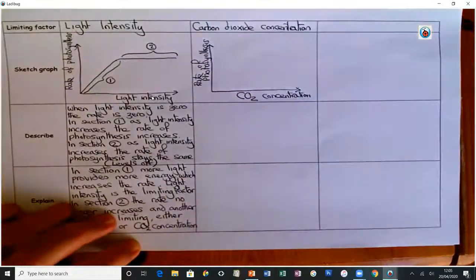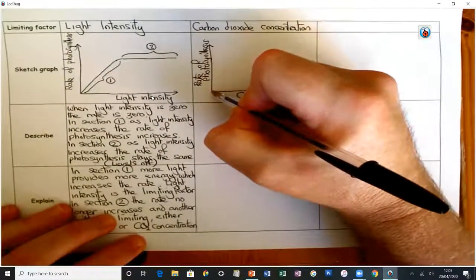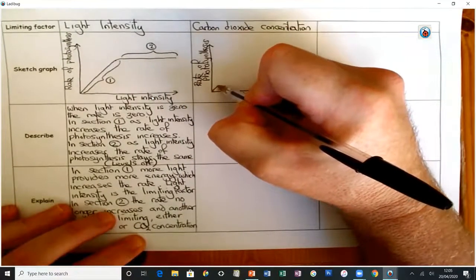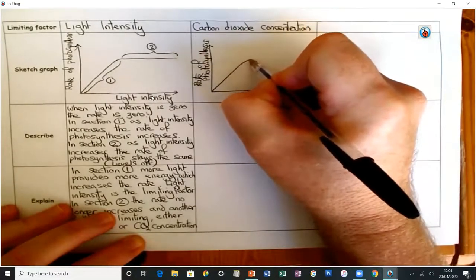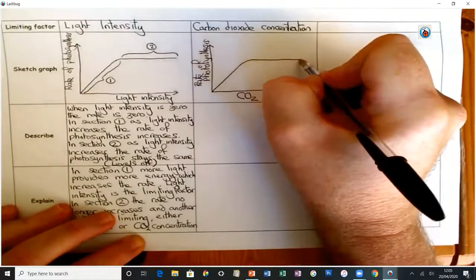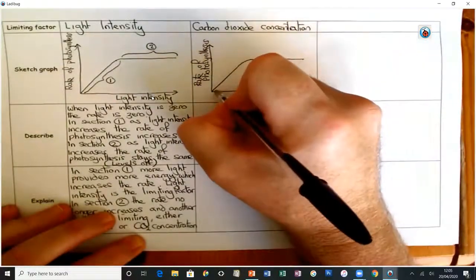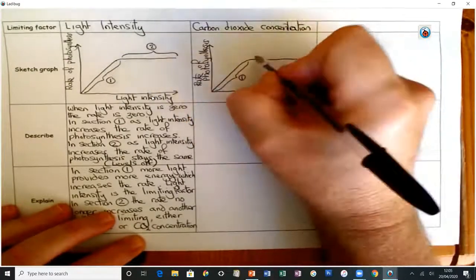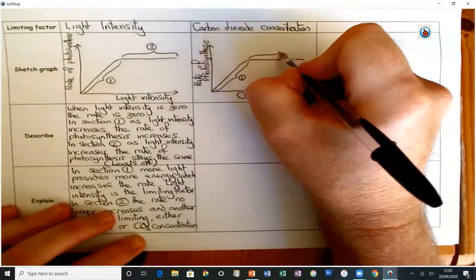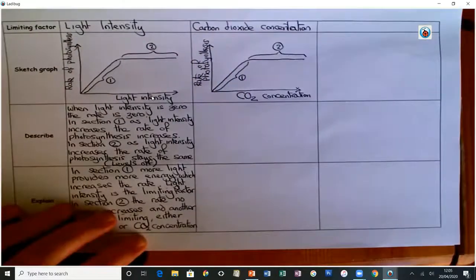Okay, so there are two axes, and again, starting from 0, as the carbon dioxide concentration increases, the rate of photosynthesis increases until we get to a point where it levels off. So again, I'm going to talk about section 1, which is here, and section 2, which is where it's leveled off. There is our sketch graph.